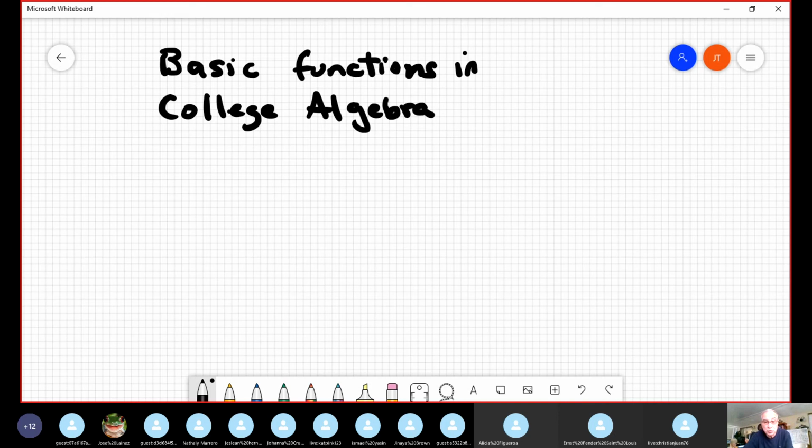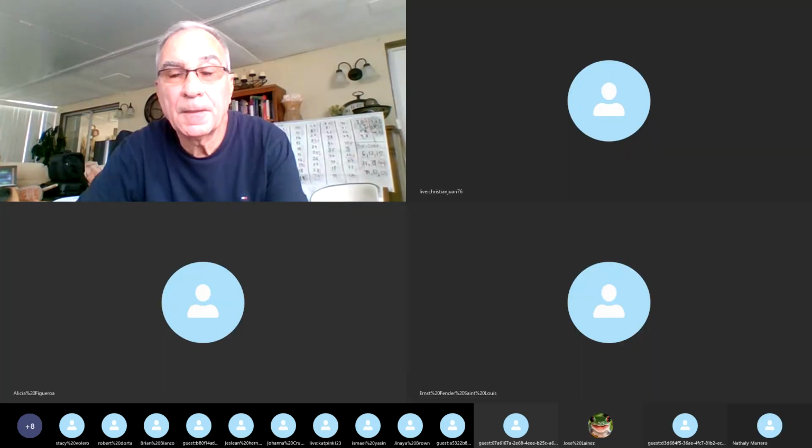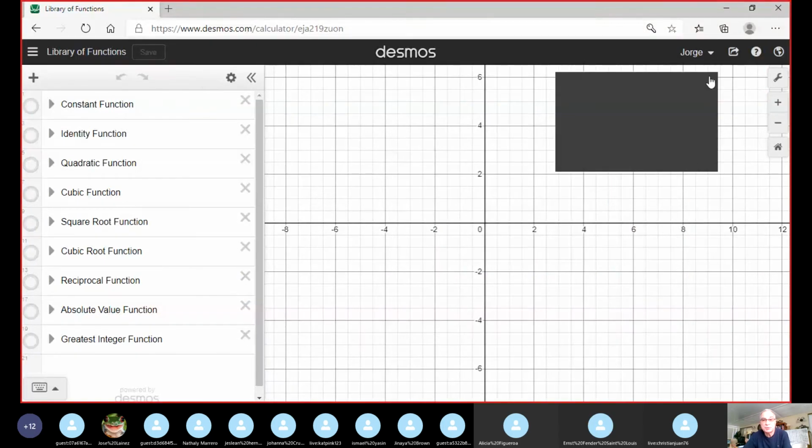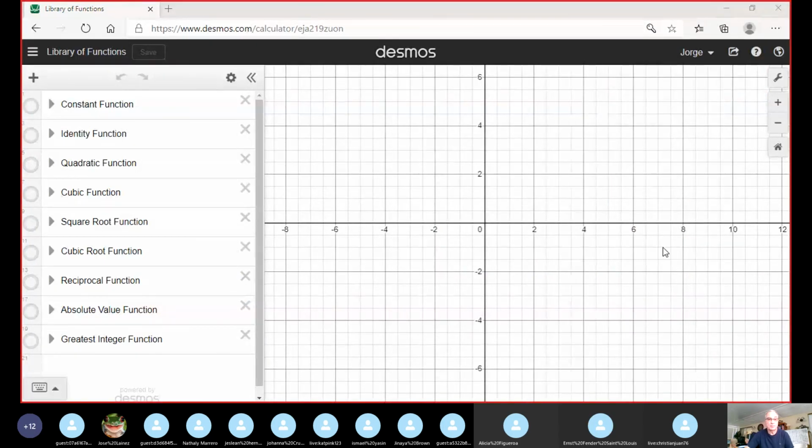Okay, let me switch to Desmos. In Desmos here, let's change the screen to Desmos. Look at that. Do you see Desmos? I want to discuss the functions one by one.